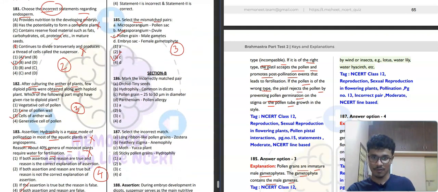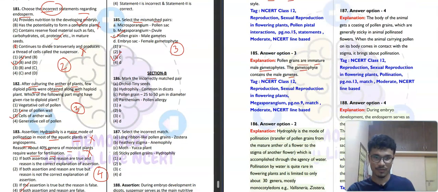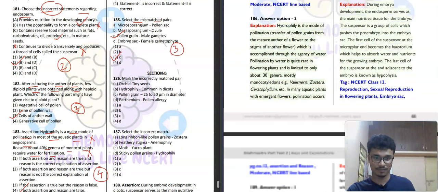Okay. Now moving towards section B, 186. It is saying, mark the incorrectly matched pair: orchid, tiny seeds; hydrophily common in dicots; pollen grain 25 to 50 micrometer in diameter; Parthenium, pollen allergy. So in the matched pairs, you can see orchid has tiny seeds, yes.